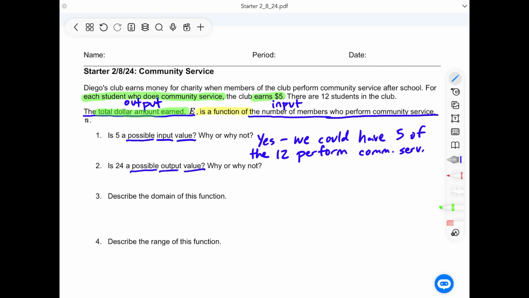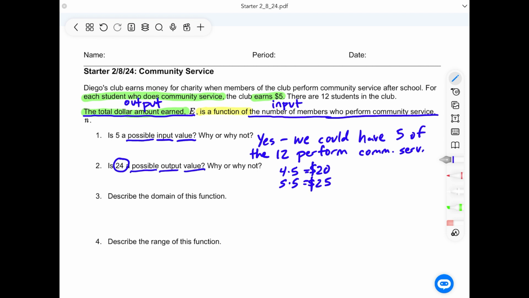That's our output here. So we sort of have this rate happening here where each input gives me an extra $5. Well, if that's the case, can I go up by increments of $5 per student and end up with 24? Well, 4 times 5, if I had 4 students performing community service, that would be $20. 5 students would be 5 times 5 or $25.